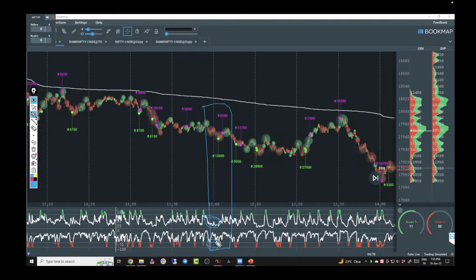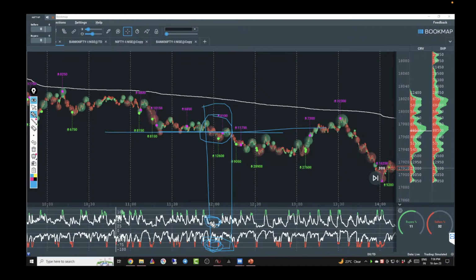Most of them are market sellers at this particular zone. So what does it indicate? If we are seeing this particular difference at a specific price level, for example, assume there was a support, and we are seeing more aggressive sellers presence without the presence of aggressive buyers.